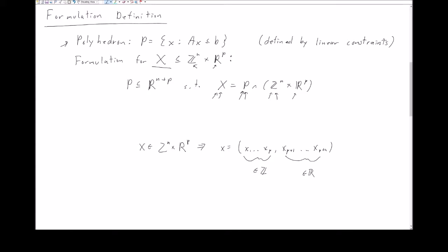We've circled the lattice points that define X. And just to be precise, this space that we're looking at, this Z by R space, is going to be any set of vectors so that the first P entries are going to be integers and the next P to P plus N entries are going to be real numbers. So again, this formulation is going to be a polyhedron that's going to circle the right lattice points. And in this case, we've defined a formulation so that we can circle lattice points and also have some real components that we don't have to circle exactly.